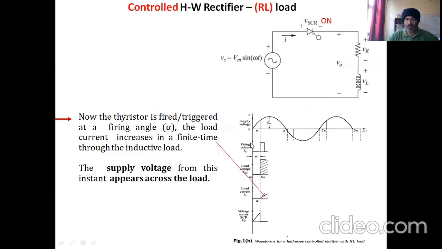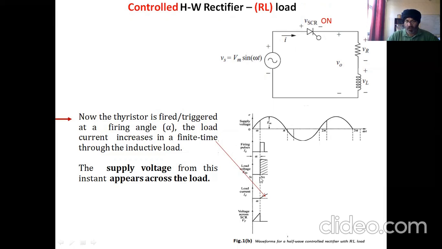Now condition 2 is also fulfilled because of the firing pulse applied to the gate. The thyristor starts to conduct, so it turns on now. So when it turns on, it starts to conduct. Now the voltage at the input over here is now appearing at the output over here.